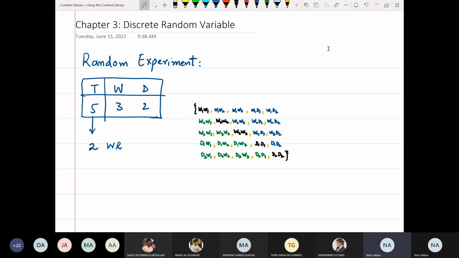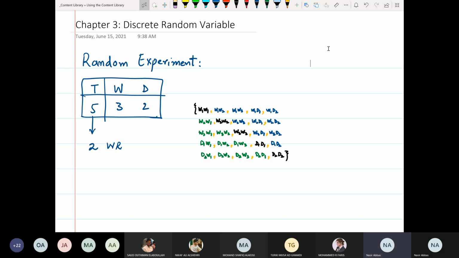You go through a procedure, and the procedure is that I have a box of 5 electrical items. 3 of them are working, 2 of them are defective. I'll pick 2, and I'll check the status of those 2 objects, whether they're working or defective. That's my random experiment.